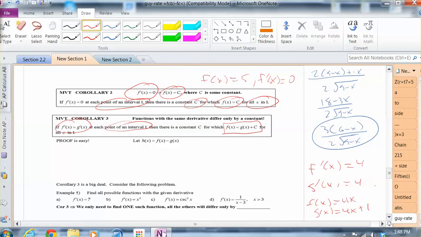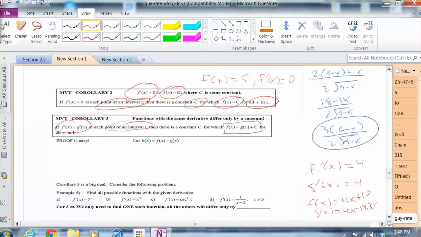What would g prime x be? It'd be 4. What would f prime x be? 4. If you were given these two functions, right? And actually, any constant. I could have put plus 5, or I could have put a constant on f of x if I wanted to. I could have done plus 10, plus 4.3. And so we see why that would have to make sense.